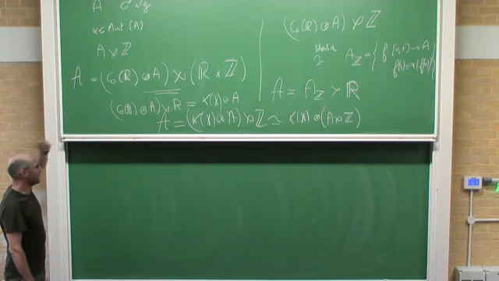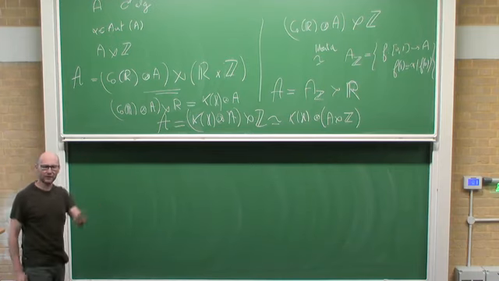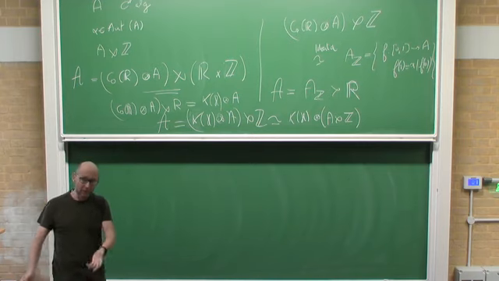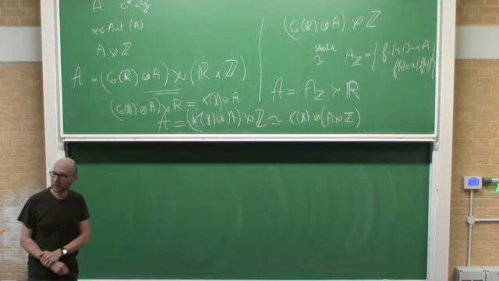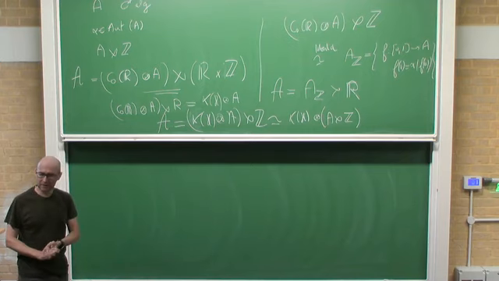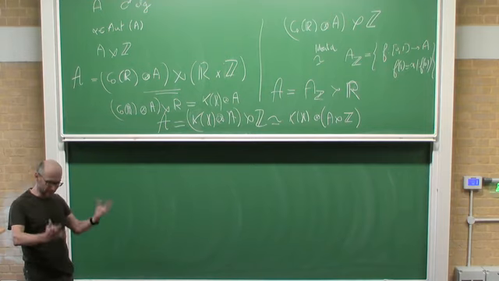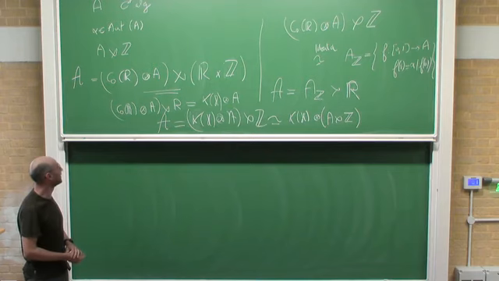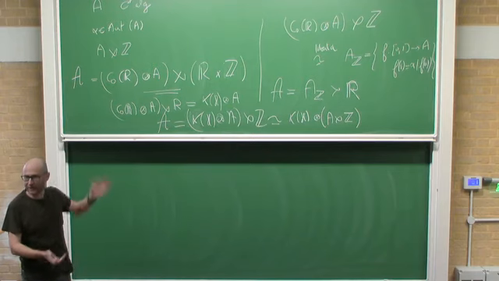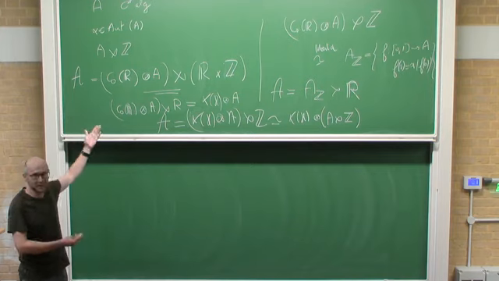Kasparov and Skandalis had this paper on groups acting on buildings in '94, where they did the general cross-product using this method, Dirac. You can say that the cross-product by Z is acting on a building.